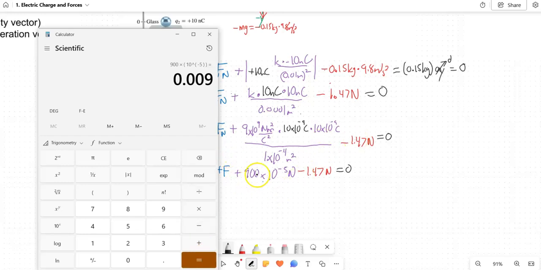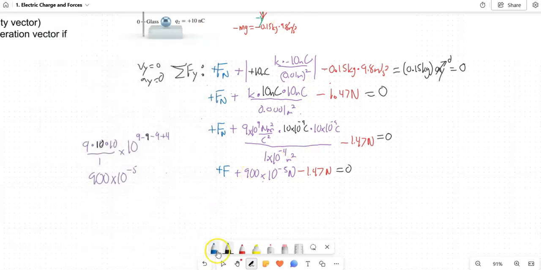So this is the 900 times 10 to the negative fifth, which would be 9 times 10 to the negative 2. Now we're going to subtract from that 1.47 equals. So that's negative 1.461.